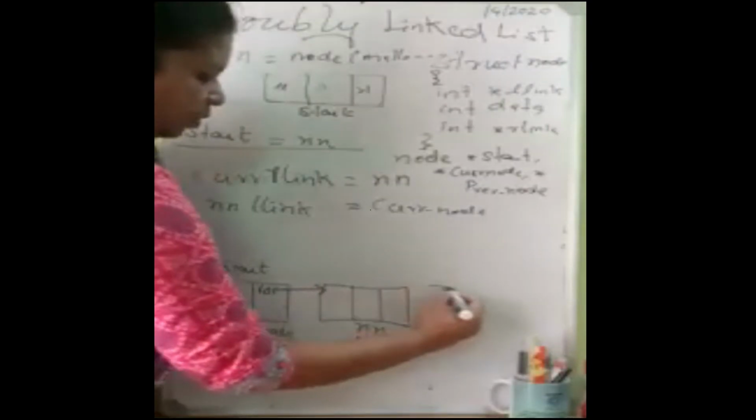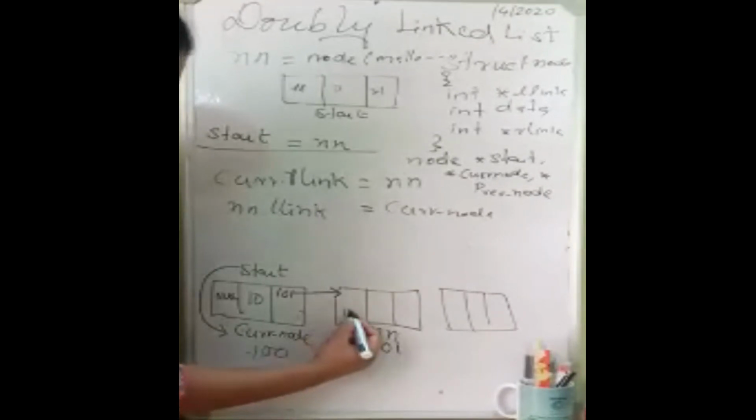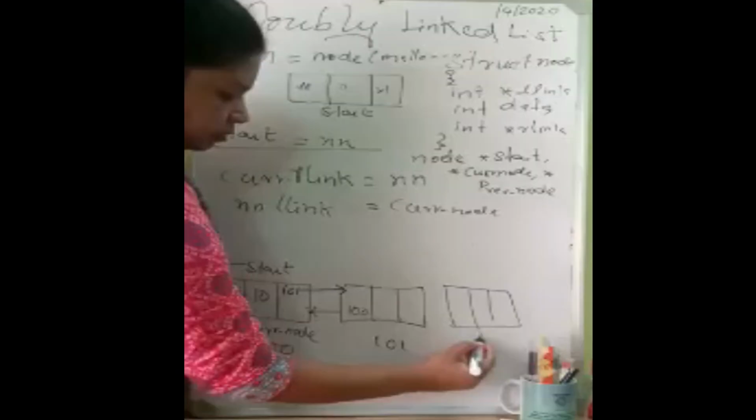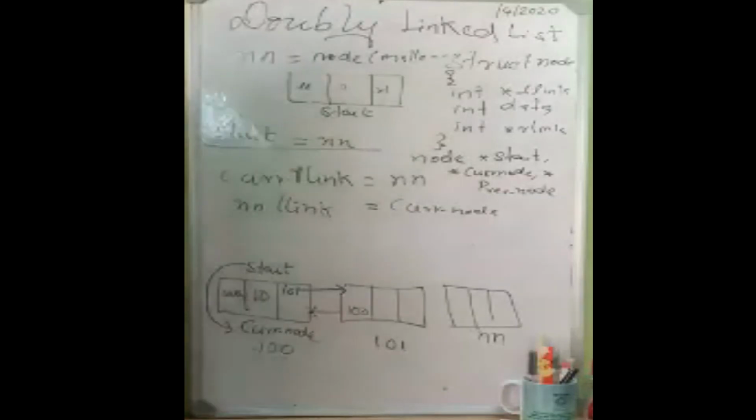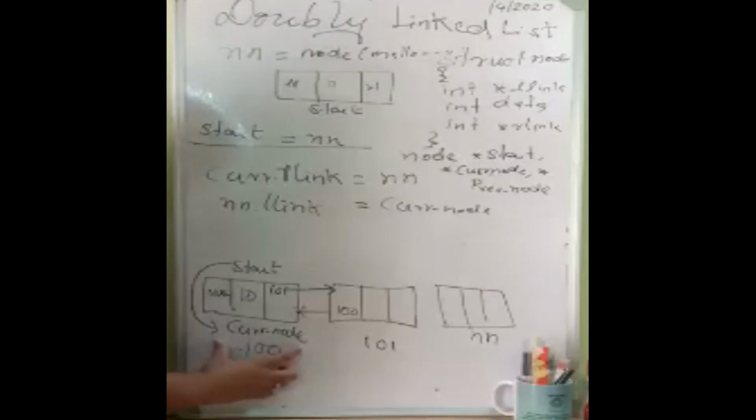Now I'll get one more node here. It will be 100, so 100 will be stored here. The new node is here, correct? So now what I have to do? Now I have the current pointer, current node here.